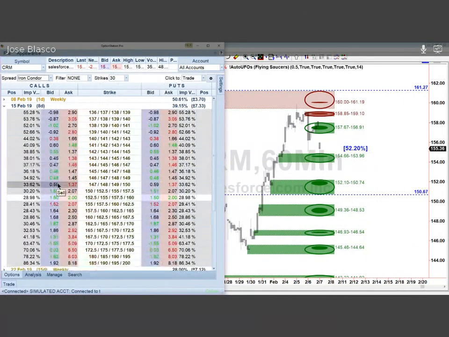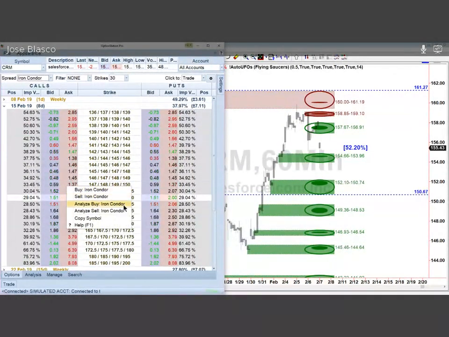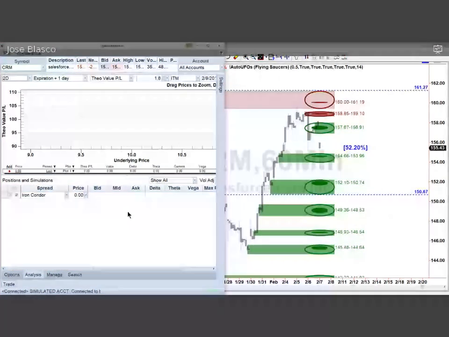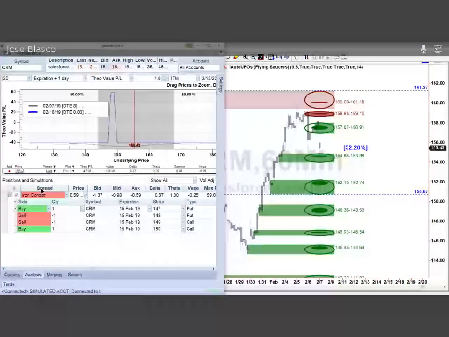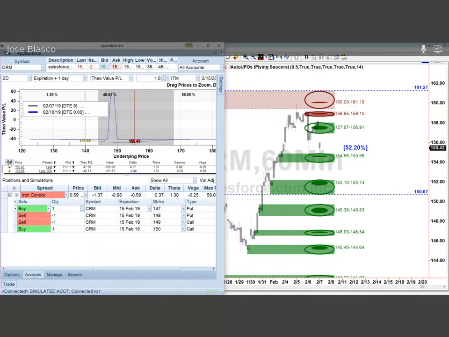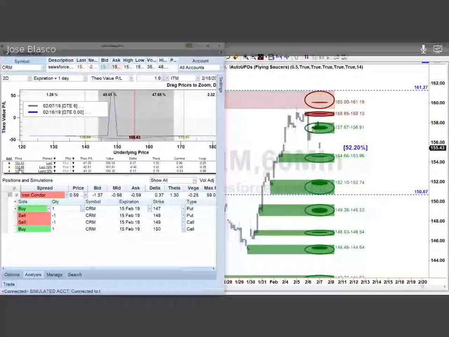So I'm just going to right click, sell iron condor, so I get this on my simulation window. I'm going to add 2 more price strikes just to be able to adjust the trade. So the one below is 150.67. The one above is 161.27.